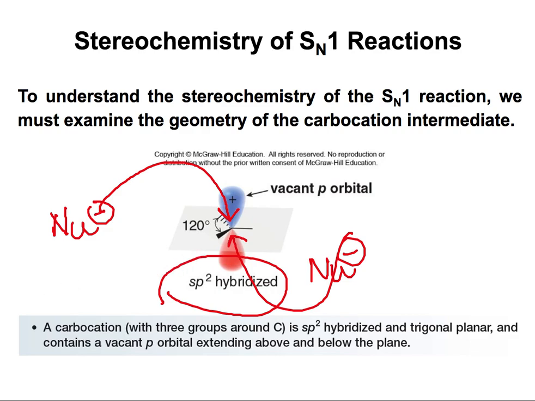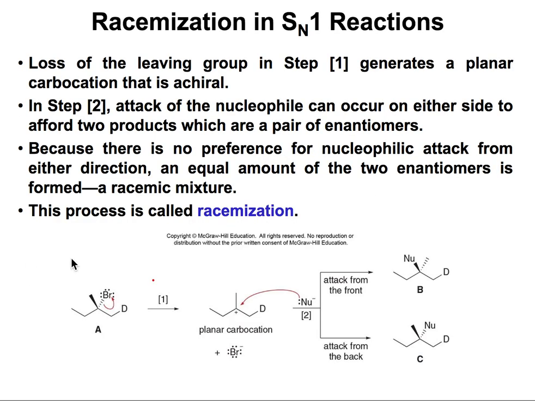And this process is called racemization. Remember in the chapter where we talk about optical activity, we talk about racemates, and racemates being 50-50 mixtures of the two isomers. So this is exactly how you get a racemic mixture, by an SN1 reaction.